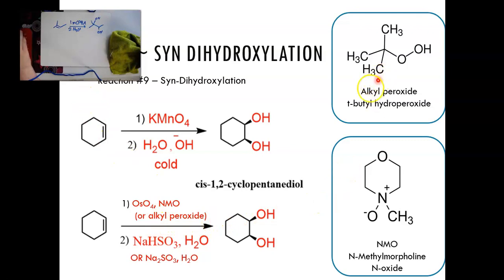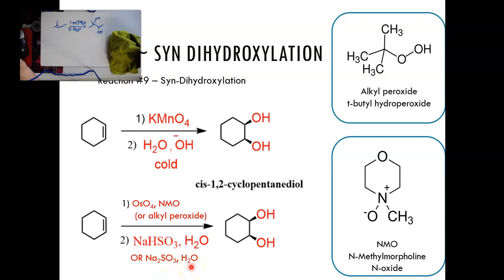And so here's an example of an alkyl peroxide. This portion is the peroxide, and then the alkyl just means there's carbon that's attached to it. So a common one to use is t-butyl hydroperoxide. And then in the second step, underneath the arrow, sodium hydrogen sulfite with water or sodium sulfite with water.